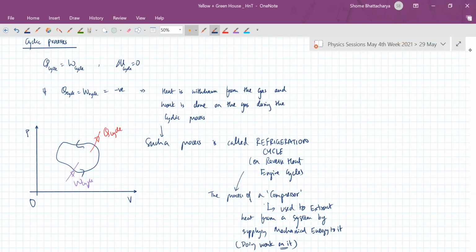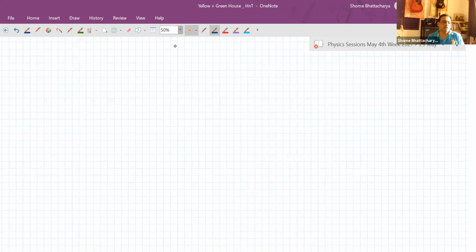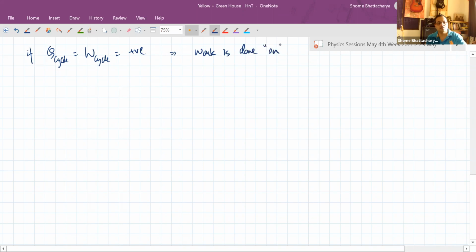Done, sir. Okay. So the second type of cyclic process is just the opposite of this. That's a clockwise loop. So if the net heat exchange during the cycle equal to the net work done during the cycle is a positive quantity, then that means basically what is happening is work is done by the gas and heat is supplied to it.